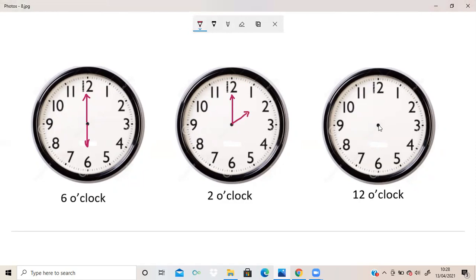For 12 o'clock, we already saw this picture in my previous screenshot, and this is the same line, both should point to 12. So you can draw the same line and give the 2 arrows, like this. So this is 12 o'clock.